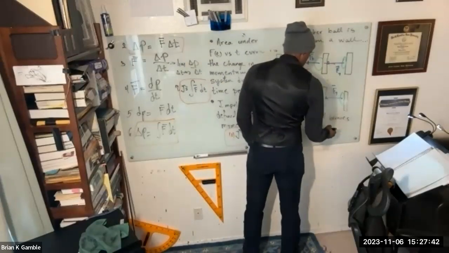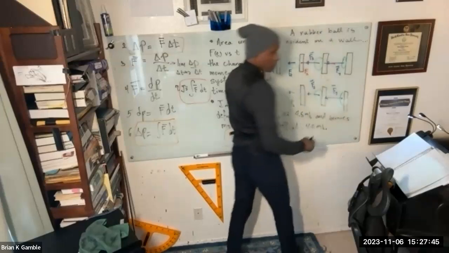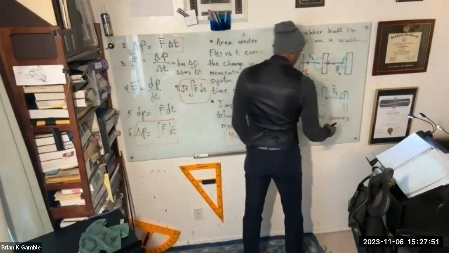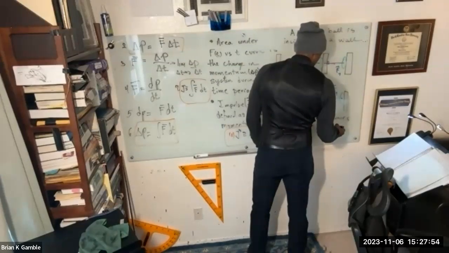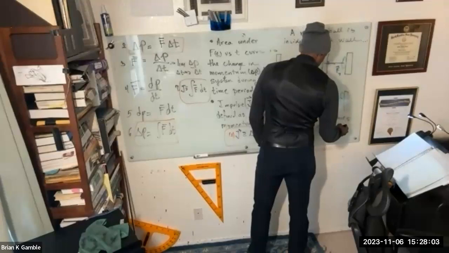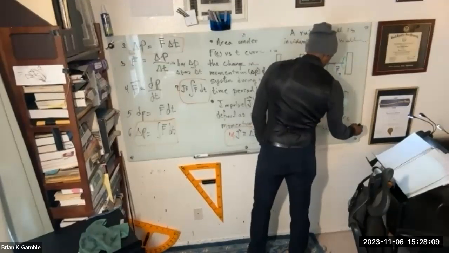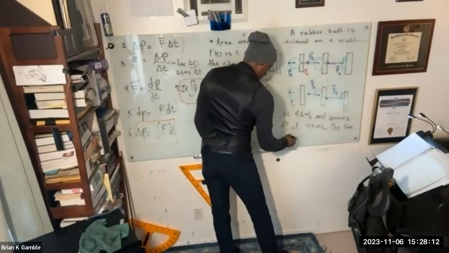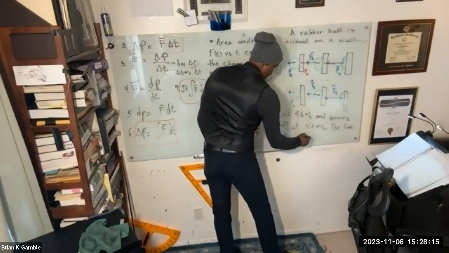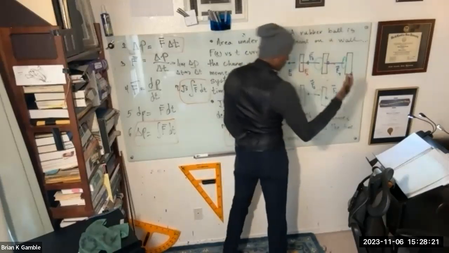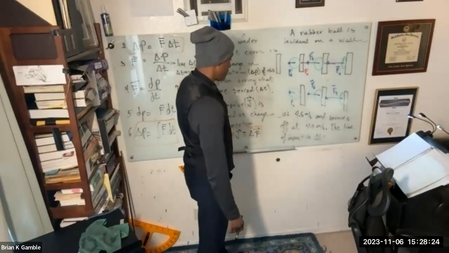Let's say the time of impact, the time of the collision, is delta t equals... I don't know what's going on with these markers, they won't stay filled.